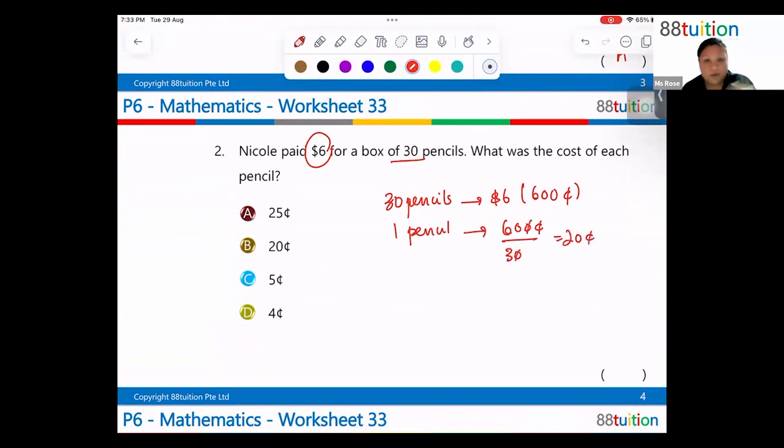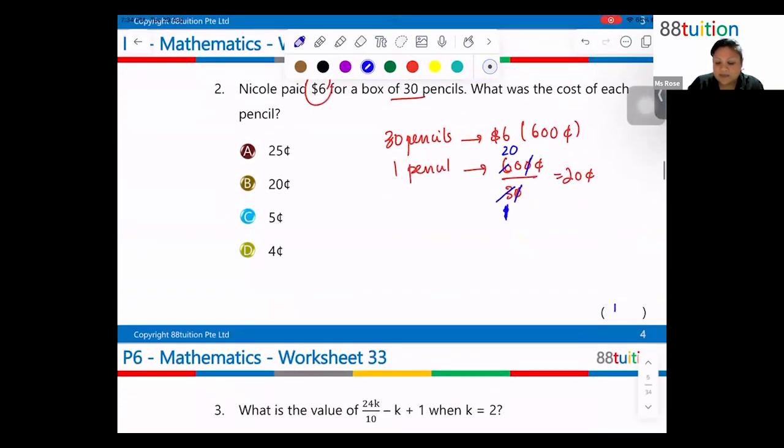This is how you divide without a calculator. You put it as a fraction. Once you put it as a fraction, you know that you can do cancellation. Divide by 3. You get 1 divided by 3 is 20.